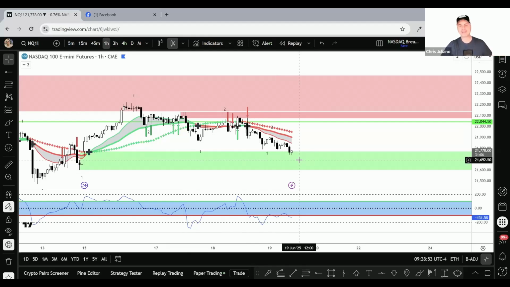All of our components are met to the downside to take a short. But because you're inside of a demand zone, if this is strong and this holds, you're going to see some reversal. It's going to throw a monkey wrench into your momentum-based strategy. Okay, so that's the big dilemma here today.